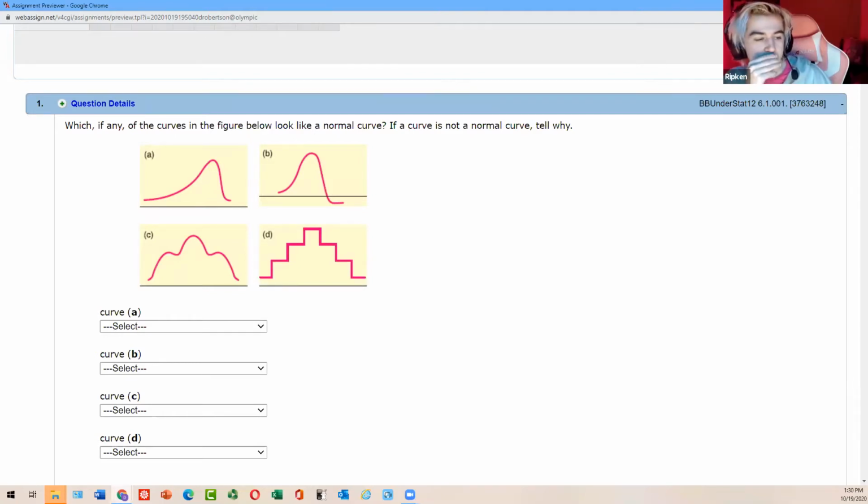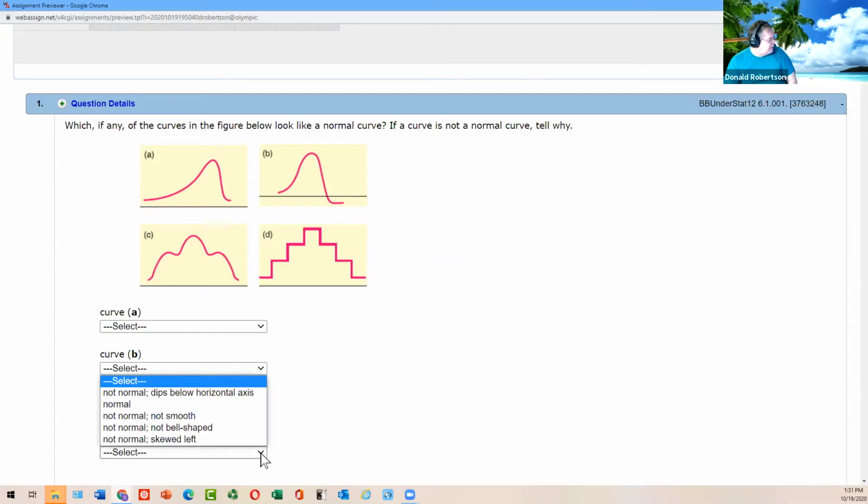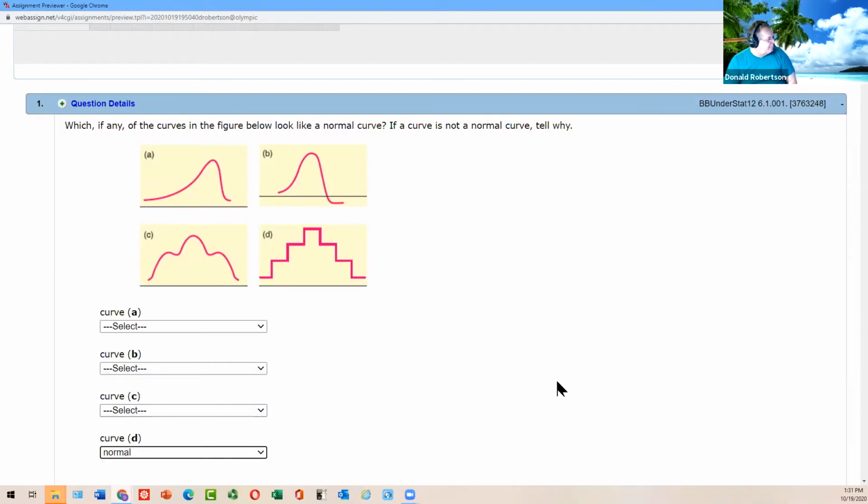Which is the least curved of all of them, isn't it? But to be a normal distribution, it doesn't need to be perfect. It does have to have a couple of features. First feature is it's got to be symmetric. And the second feature is it's got to be unimodal, right? One hill only. So I'm picking D, and it's normal. And that's all I say.